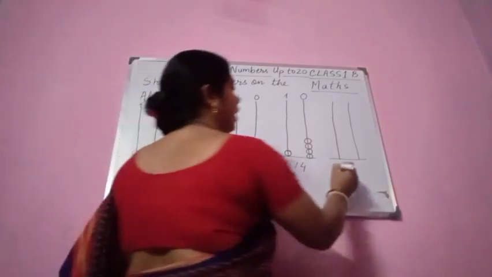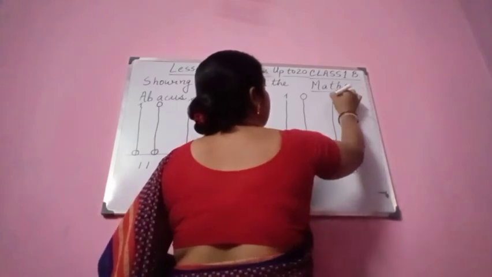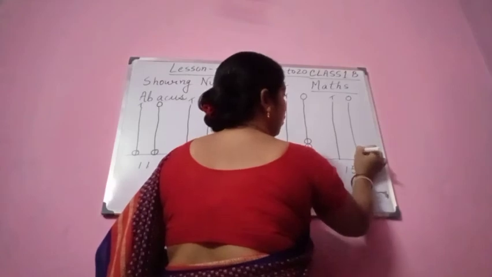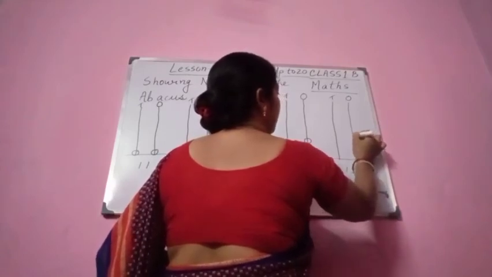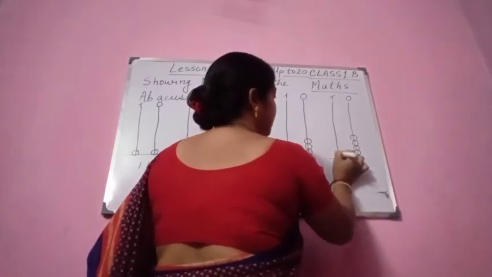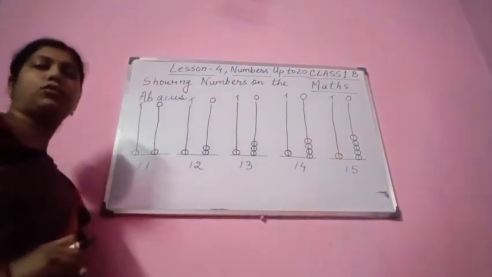Next one you see 15. Ones and tens. So 1 ten and 5 ones. So 5 beads you draw in the ones spike, 1 2 3 4 5, and in place of the tens spike you draw 1 bead. So this means 15.